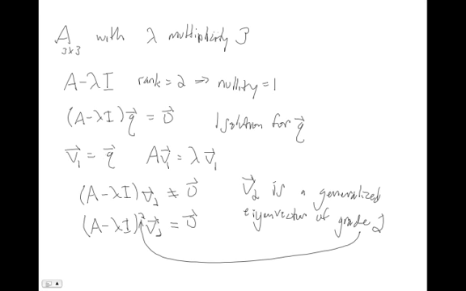So we have this weird vector V2 that is a generalized eigenvector, but we're talking about 3 by 3 matrices here. So now we have this vector V1 and V2. Well, it turns out there's going to be another vector V3 such that if I take (A minus lambda I) squared times V3, that is not going to equal the 0 vector, but if I take (A minus lambda I) cubed times V3, that is going to equal the 0 vector.